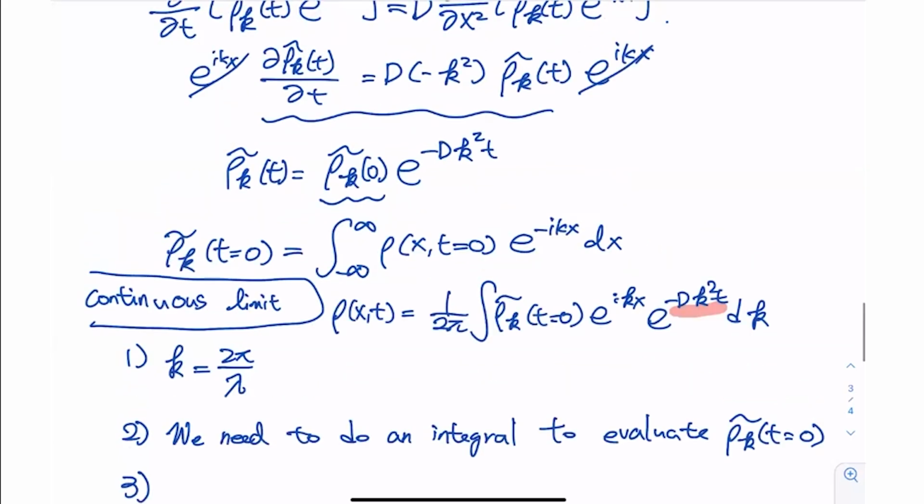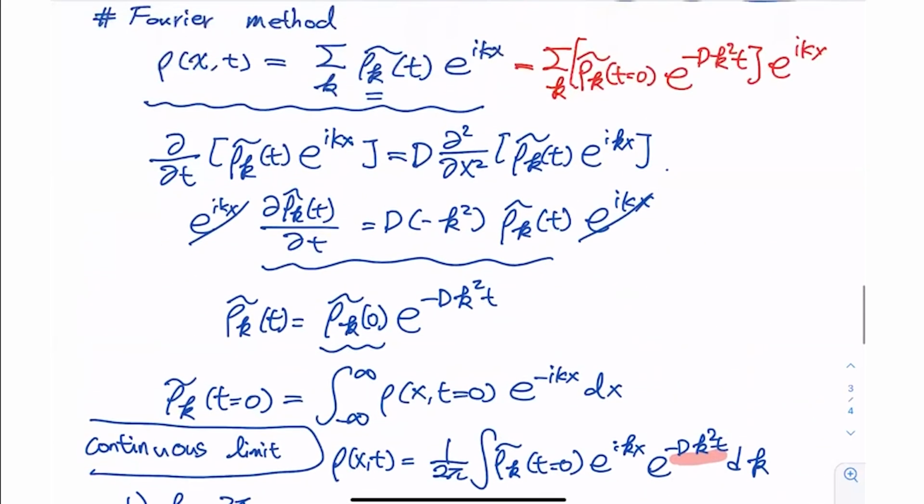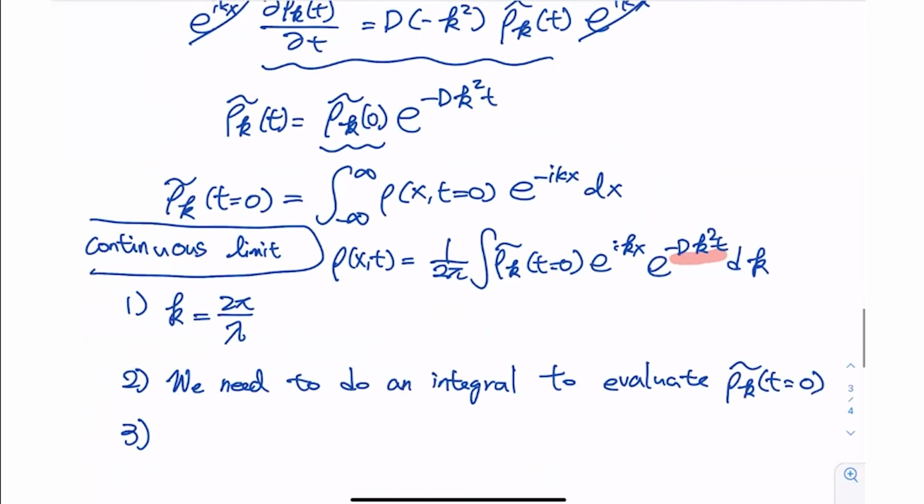Then once we know rho k tilde, then the solution for this thing is basically, again, we construct each component k by summing all of them together, and then we get our final solution. Okay.